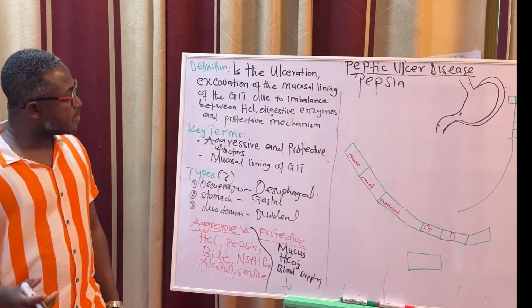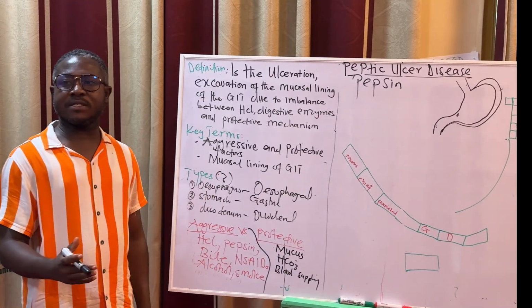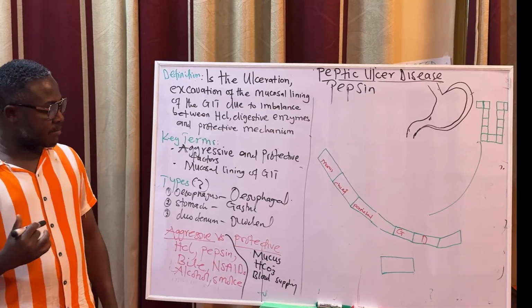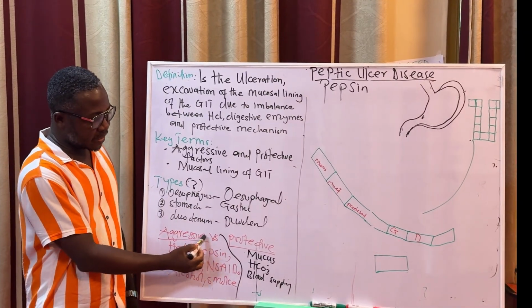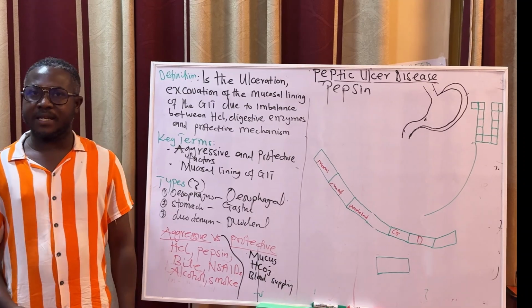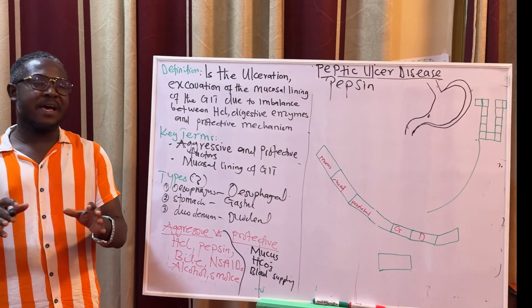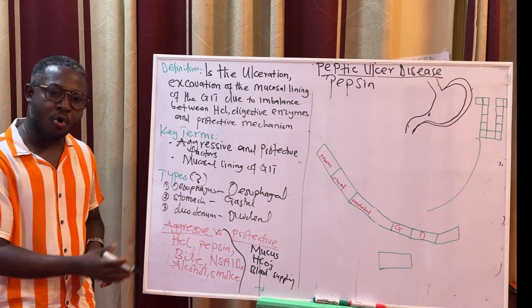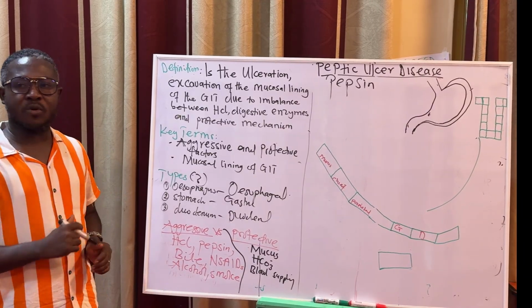Now remember we said that the ulcer or the sore of this GIT occurs because of imbalance between the aggressive factors and the protective factors. So let's look at these aggressive factors. The aggressive factors are the things that can cause the ulcer, or the things that can erode or cause erosion of the mucosa lining.